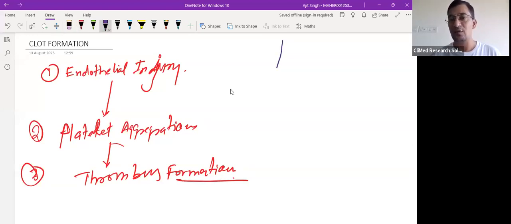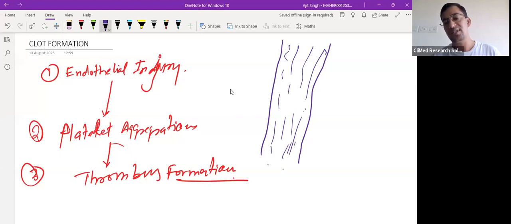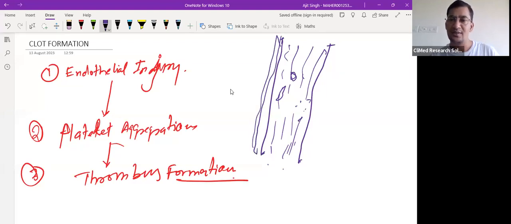So this is our blood vessel, right? And blood is flowing in this, and this is the blood which is having the platelets, RBCs, okay, and multiple other things, right? So as we know about the vessels, how the vessels are created, this is the full thick vessel, like multiple layers, right?